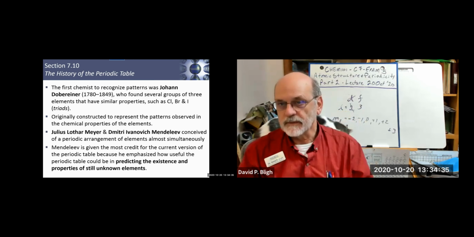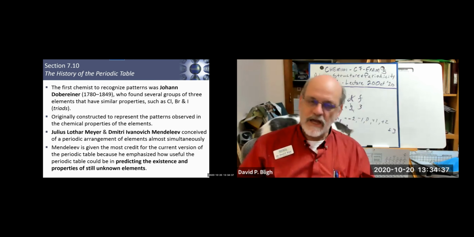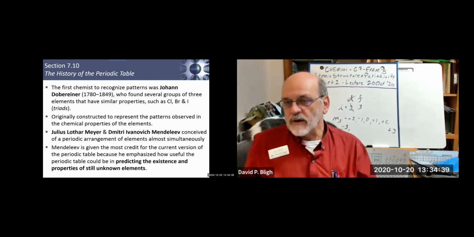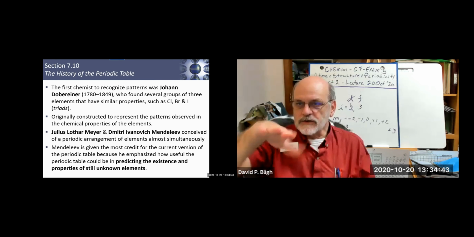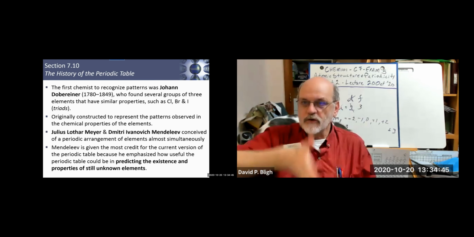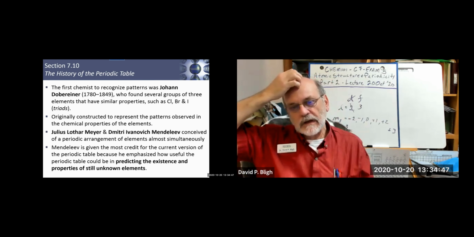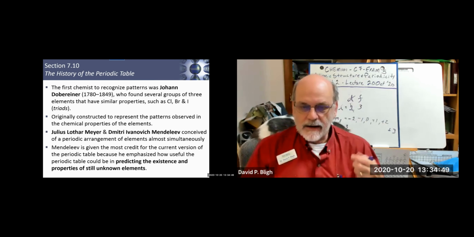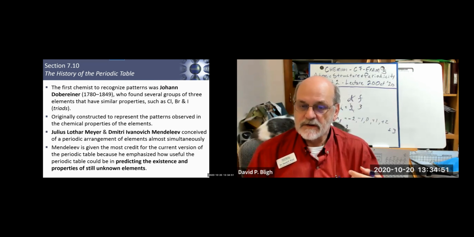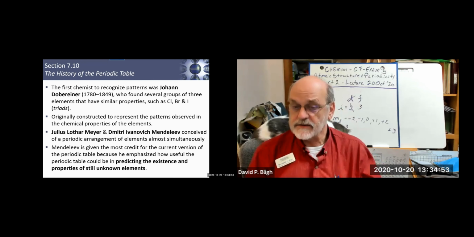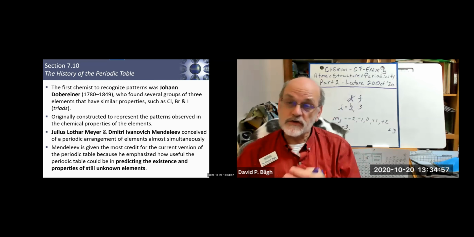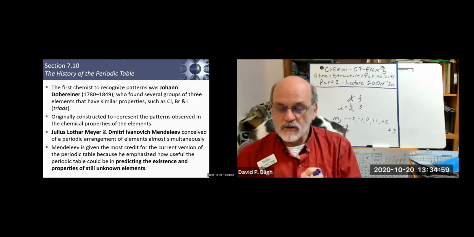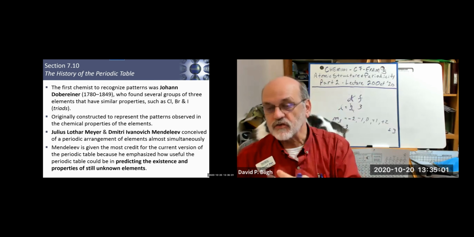Those were the groups. That was his first publication. The second time he republished his periodic table with more elements in it. He rotated it 90 degrees. So now the groups were vertical.